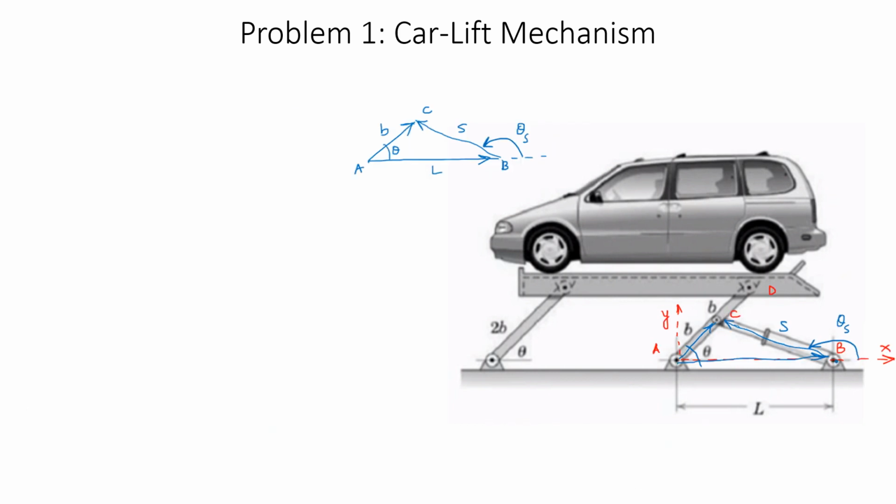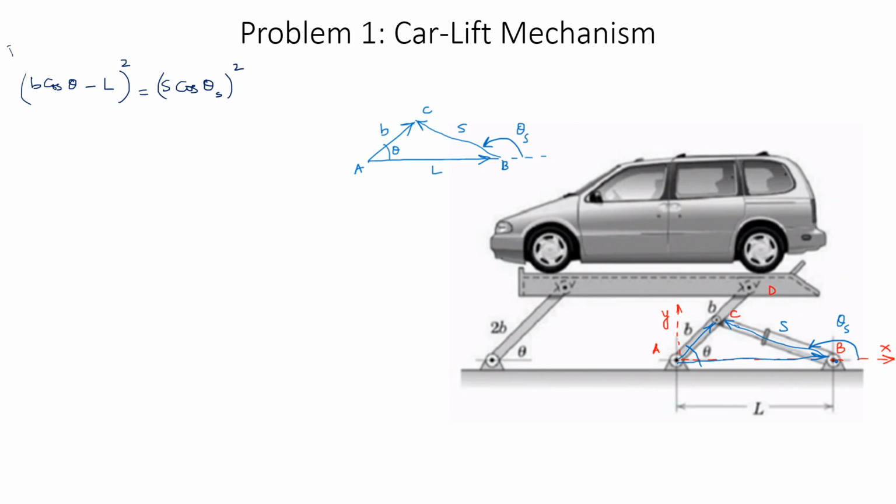So I'll write down these expressions 1 and 2 over here, and I'll take the squares on both sides. This would be something like B cos theta minus L, whole thing squared, equal to S cos theta_S squared, corresponding to equation 1.